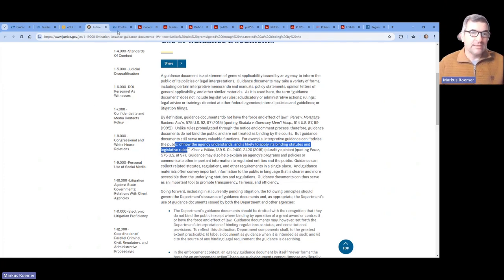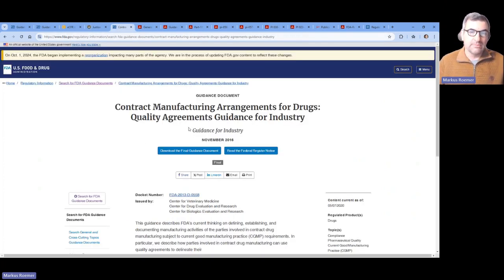There are very good guidance for industry documents. I just show some of them. The contract manufacturing arrangements, for example, if you need to write quality agreements. And, as you have read in this Justice document, the US FDA is giving the guidance for industry documents also into a commenting phase.